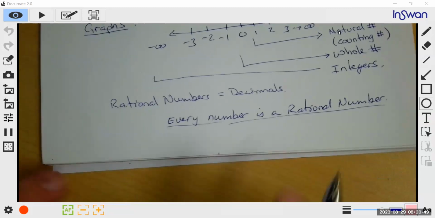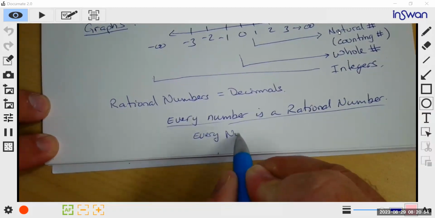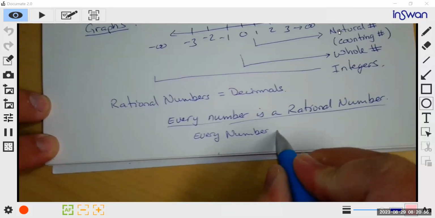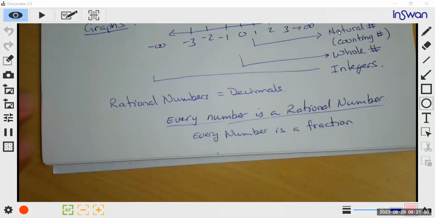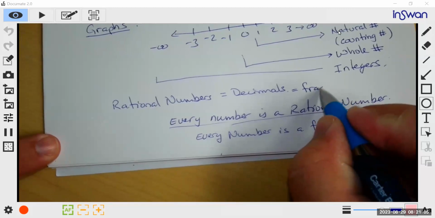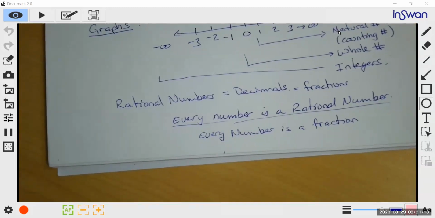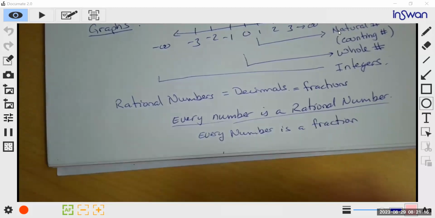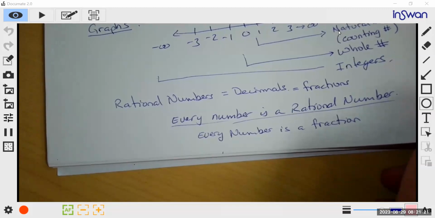Notice what it says: every number is a fraction. That's what it tells us, because rational numbers, decimals, are fractions. True? Of course you say true, but I just told you it's true. So every number is a rational number. Every number is a fraction.